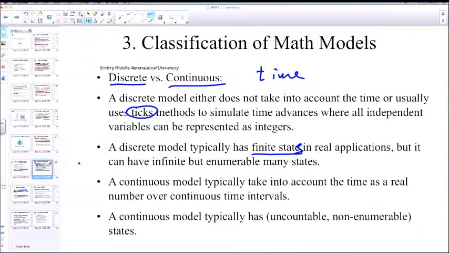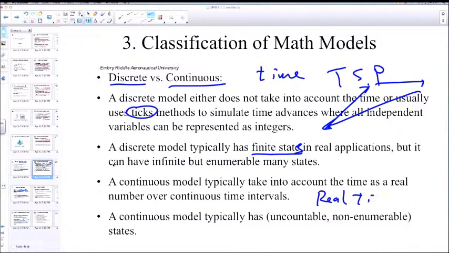Just like the traveling salesman problem, you look at the cities and you look at the graph from city to city. This is discrete. You did not put the time explicitly. However, in natural phenomena, most of the time you have real time, and it's a continuous function.